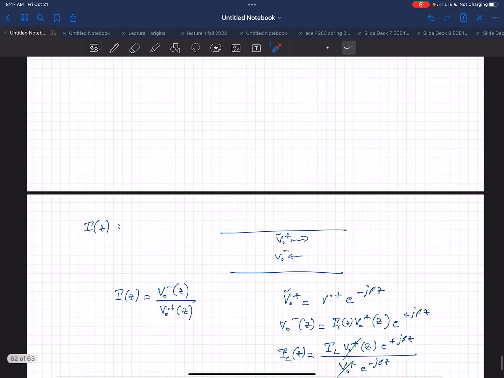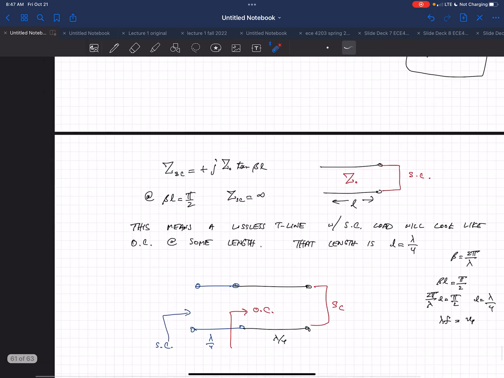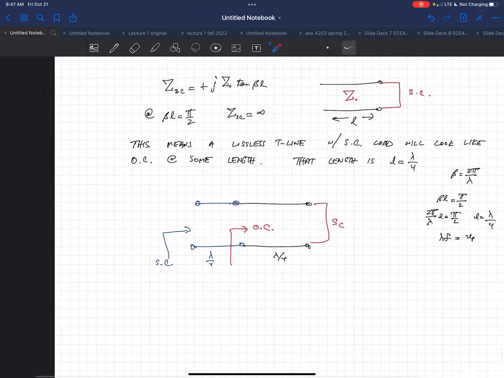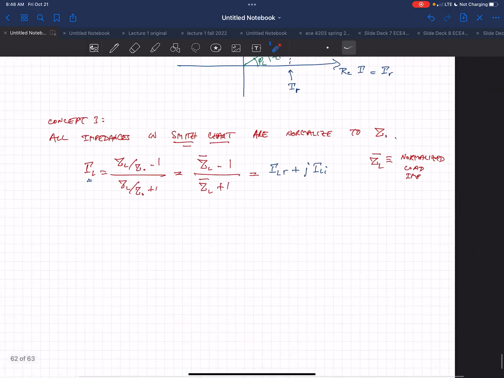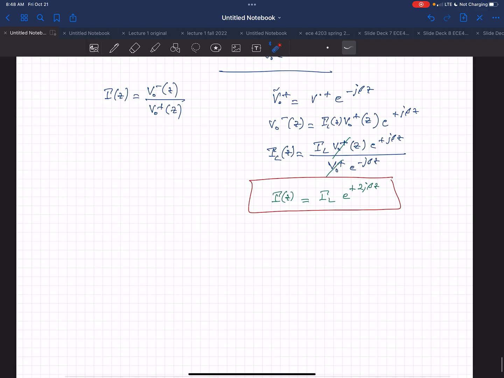Okay, which is the same factor we saw here. Basically, you end up in a situation where at some point along the line, you see the same load you had at the end of the line. So this is what's going on here: you get this repetitive pattern. Imagine if beta z is equal to 0.